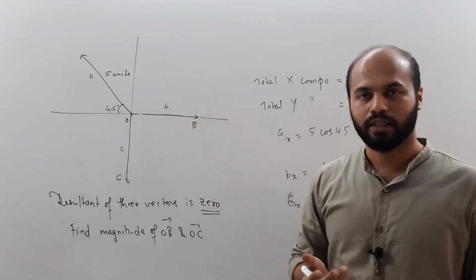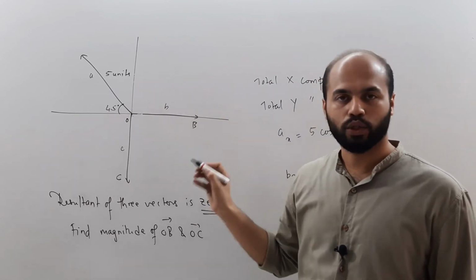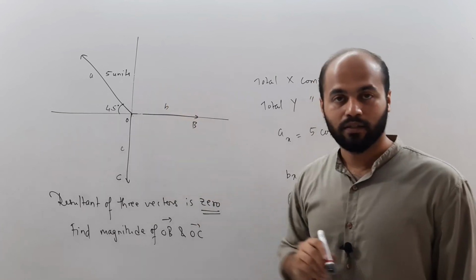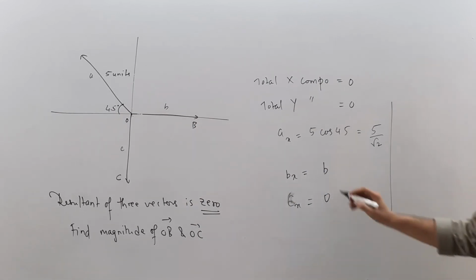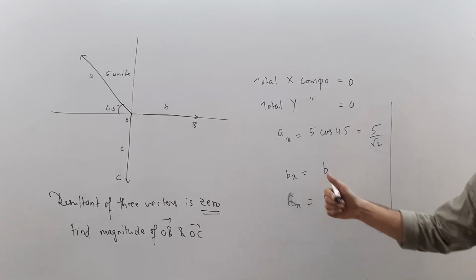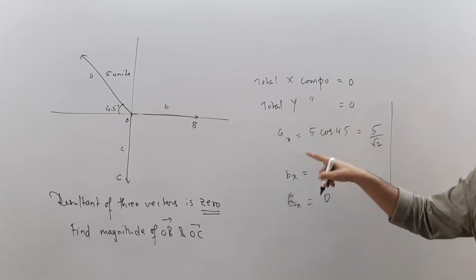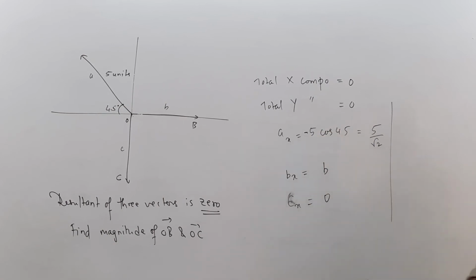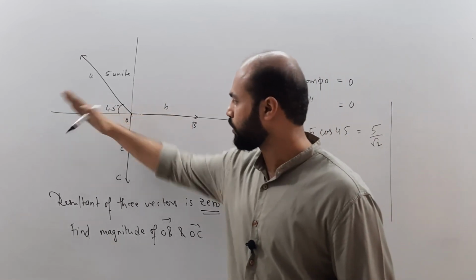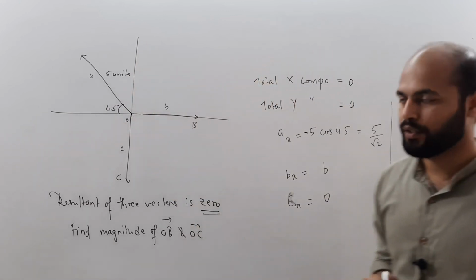So as discussed earlier, it won't have any horizontal component because it is totally vertical. So Cx is 0. Now you can see that this vector B is along negative, so we'll call it minus 5 cos 45, because this will be the x component and this will be the y component.